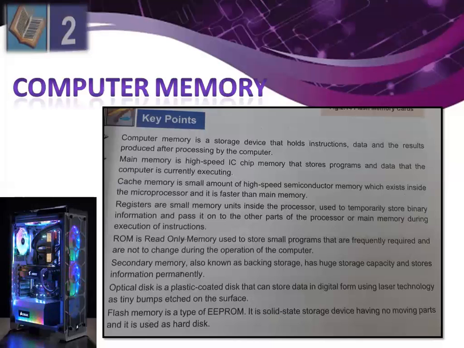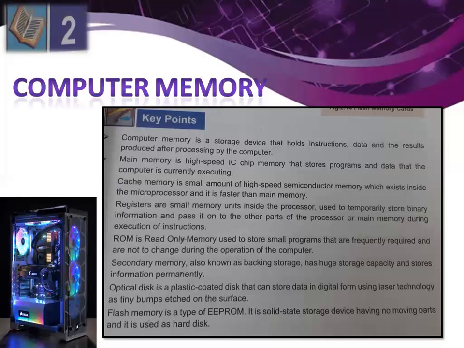Then we discussed registers, which are small memory units inside the processor used to temporarily store binary information and pass it on to other parts of the processor or main memory during the execution of instructions. Then ROM is read-only memory used to store small programs that are frequently required and are not to change during the operation of the computer.